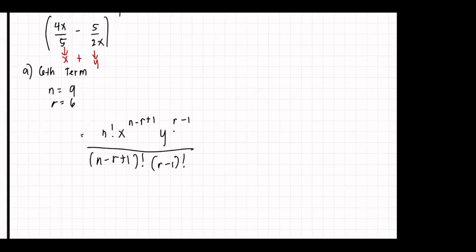Identify muna natin yung mga values. Meron na tayong value ng n and r. Wala pa tayo ng x at y natin. So ang x natin is equals to 4x over 5 and yung y natin is equals to, sama natin yung sign, negative 5 over 2x.